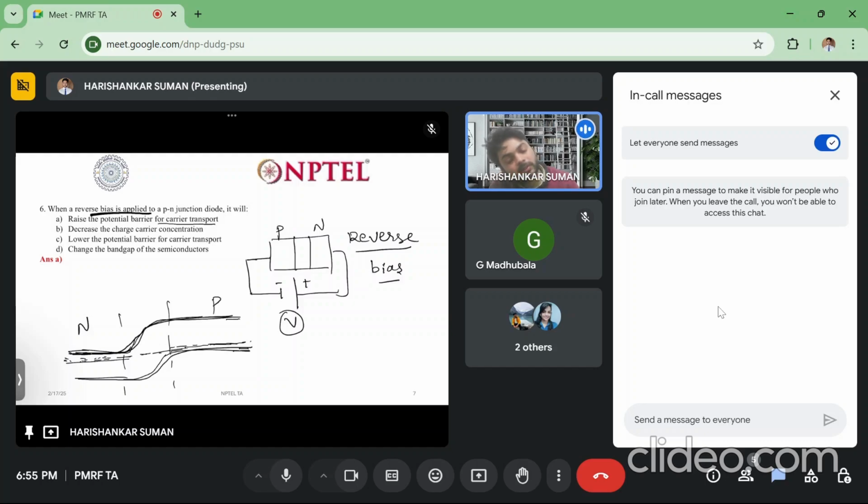The Fermi level goes up and down. So due to reverse biasing, they raise the potential barrier for transport, but in forward biasing, they will help.